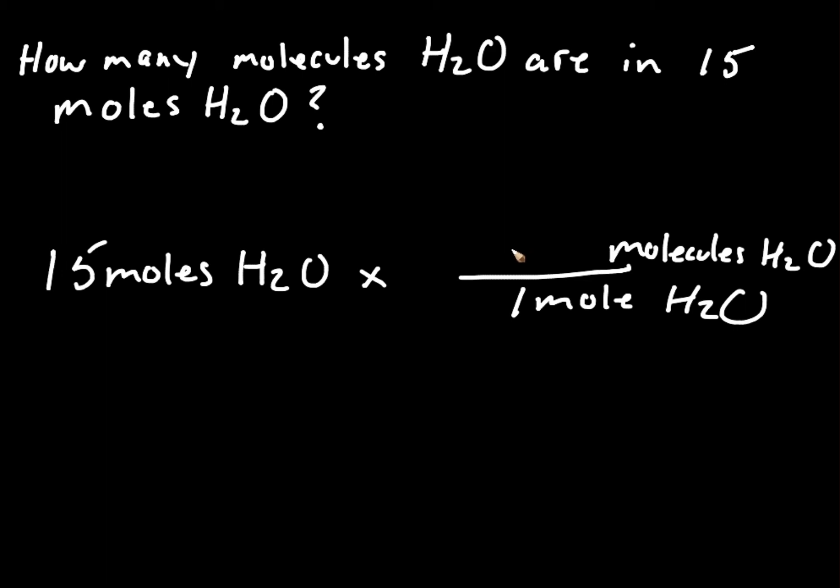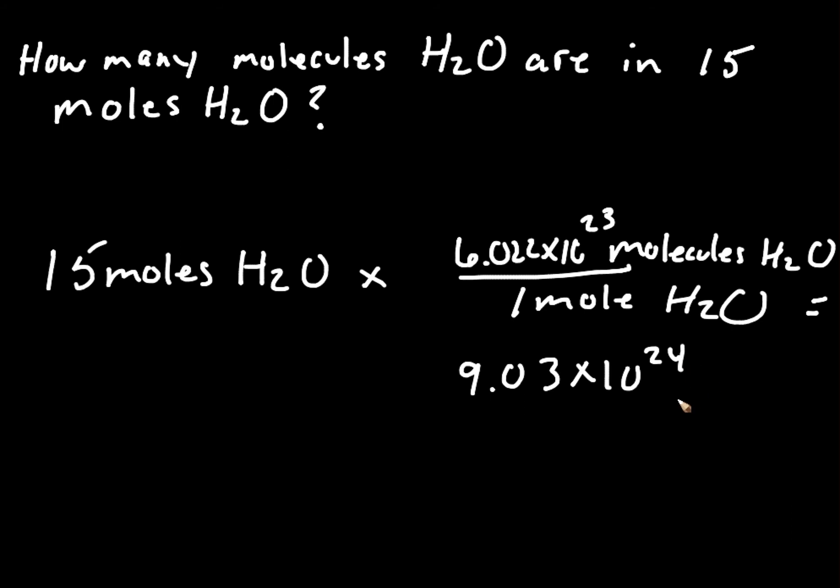Now, the number that goes along with molecules will be Avogadro's number, so 6.022 times 10 to the 23rd. So if we solve this, 15 times 6.022 times 10 to the 23rd, I would get 9.03 times 10 to the 24th molecules of water.